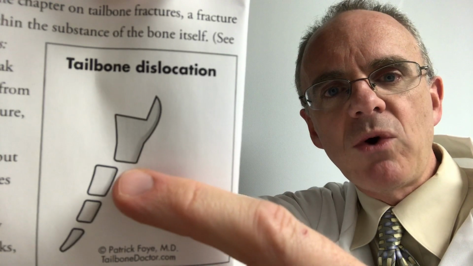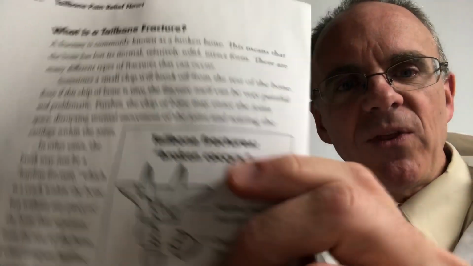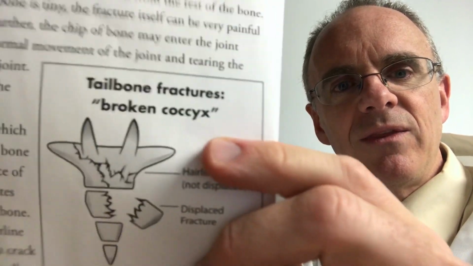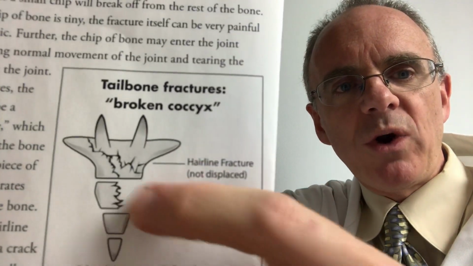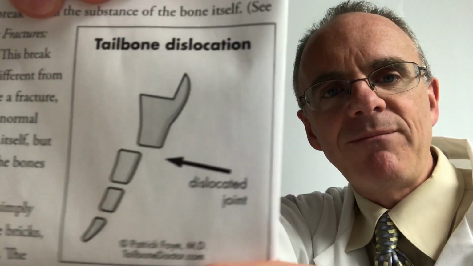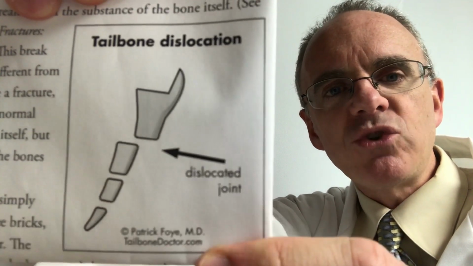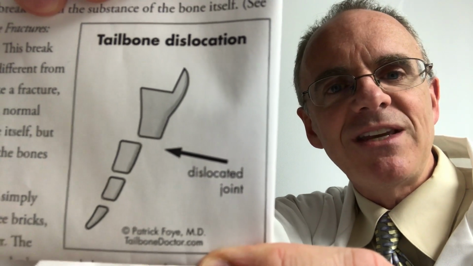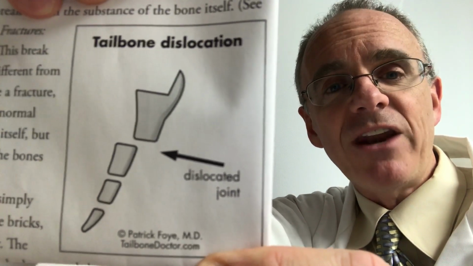None of those are broken. So that's very different than a fracture where there's a crack in the bone or a chip off the bone. In this example with a dislocation, by contrast, there is no chip in the bone, there is no crack in the bone. Each individual bony segment is intact. So it's not a fracture.